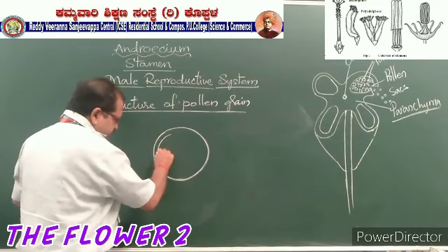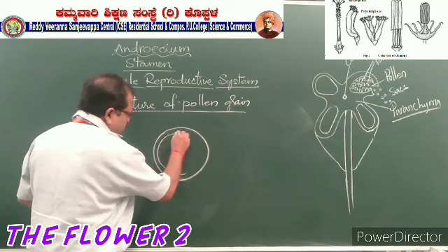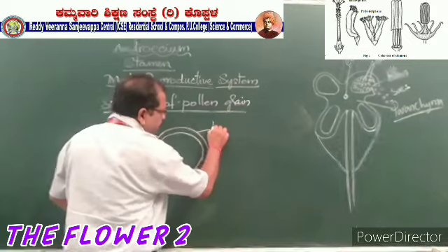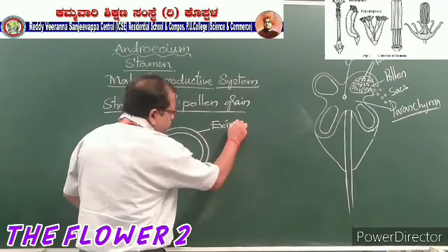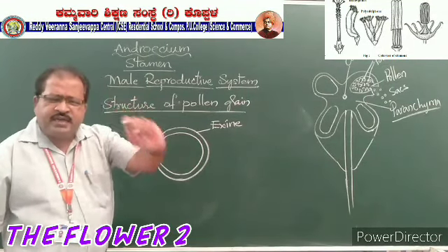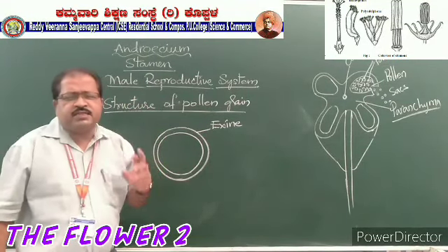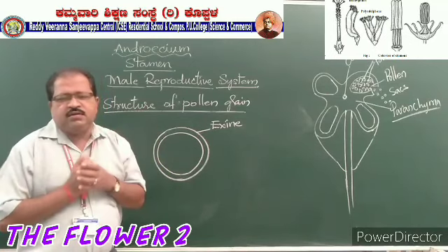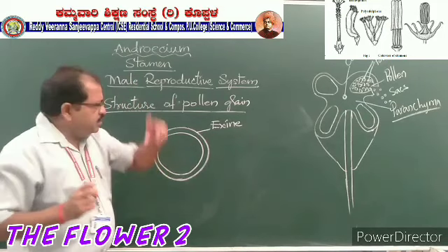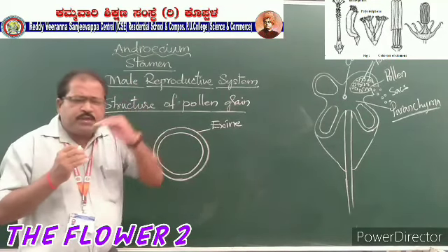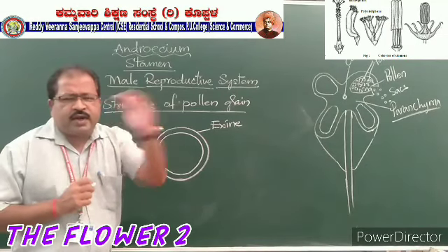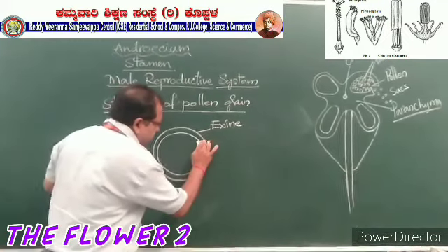The outermost layer is called the exine. It is very rigid, meaning not flexible, and very thick and strong. But it has some depressions present at regular intervals.